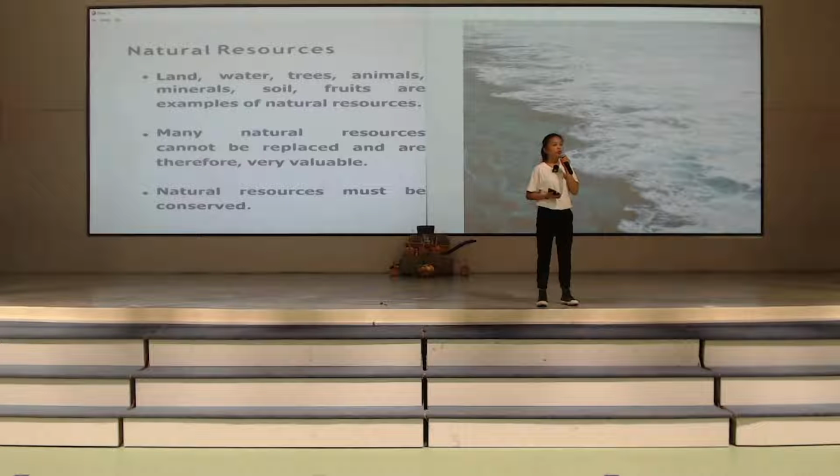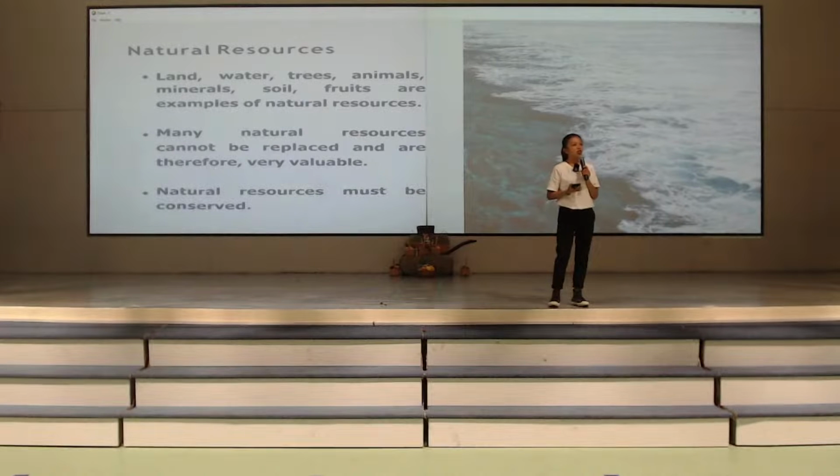Which planet are we living in? Earth, very good. So what do we need to do to be able to conserve these natural resources? We'll talk about that.